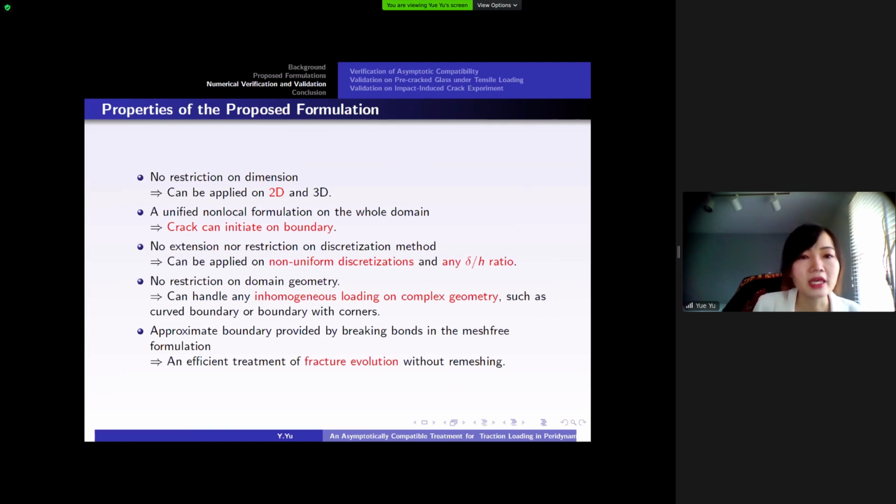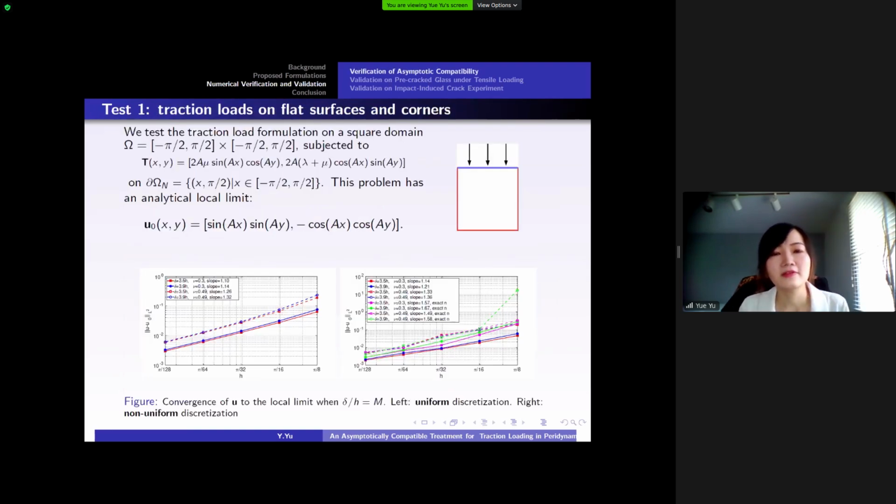Also the whole formulation is nonlocal, so that means the crack can initiate on the boundary. We also have no restriction on the discretization, so we are going to investigate both the uniform and the non-uniform discretizations. We are also going to investigate its performance on complex geometry, such as the curved boundary or the boundary with corners. And lastly, we are going to show some validation on handling brittle fracture and also the evolution of the fracture.